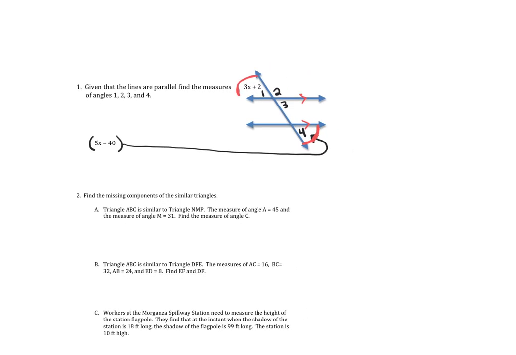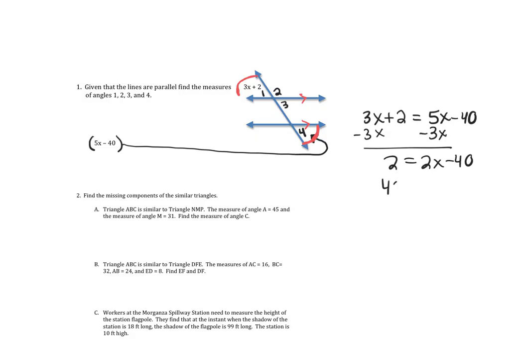If I set them equal to each other, then we would solve this. It would be 3x plus 2 equals 5x minus 40. I'm going to subtract 3x to the right side to keep my x's positive. That gives me 2 equals 2x minus 40. Add the 40 across, that's 42 equal to 2x.